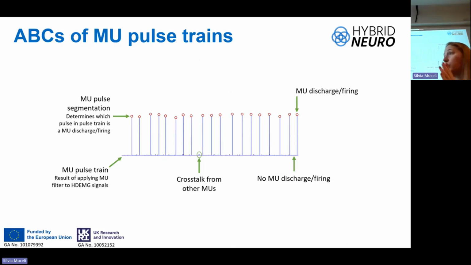That's why this is important. But always keep in mind that the decomposition algorithm, the automatic part of the decomposition, does not know anything about the recording, about the subjects, about our protocol, what the intention of our studies is, and so on. And that's why we always need to manually inspect all the motor units and edit them.